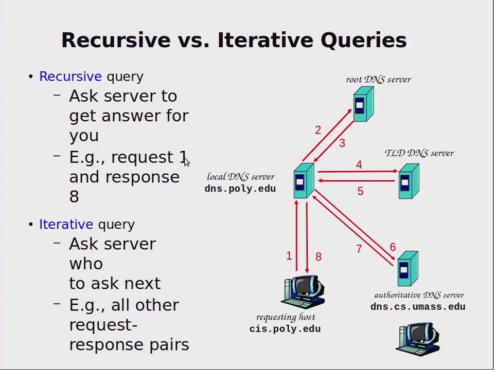So you can create different servers. One is recursive and another is iterative. Recursive is, for example, when your local server knows these root DNS servers and some of these top-level domain DNS servers.